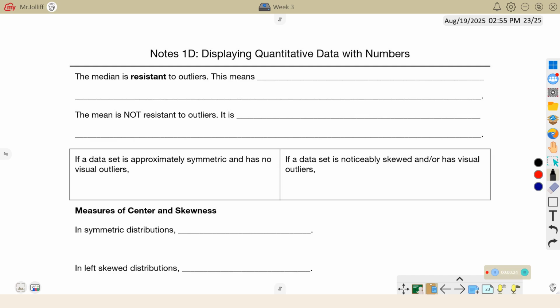So the median is a resistant statistic. Specifically, it is resistant to outliers. This means that it is not heavily influenced by the presence of outliers or skewness.